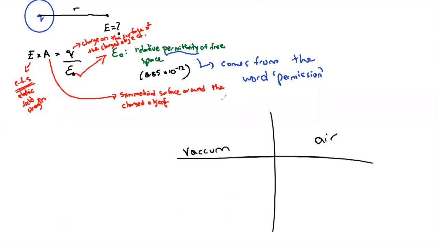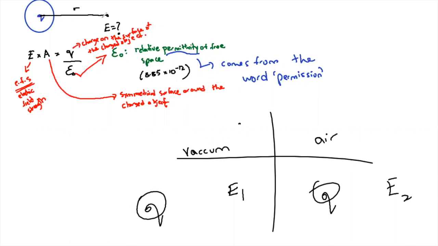So I would not be wrong to say that if I were in vacuum, this charge would not have the same electric field as this, because we know that every space has a different permittivity of free space.